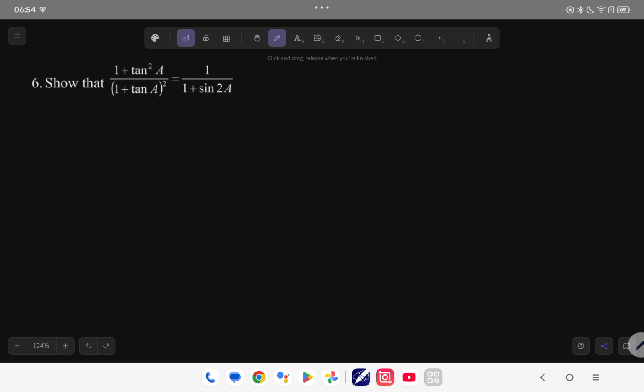Now we are moving from the small angle a to the double angle 2a. But what I can see as we start this process, we can realize that the numerator straight away reduces to sec squared a.